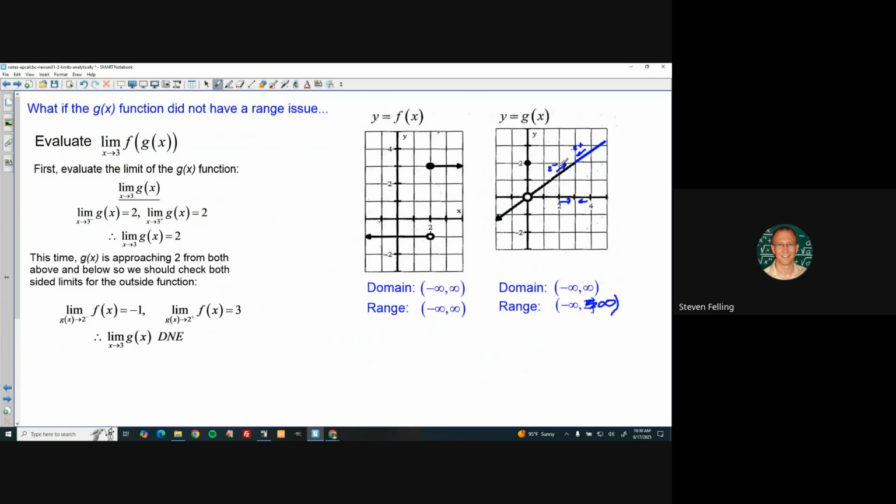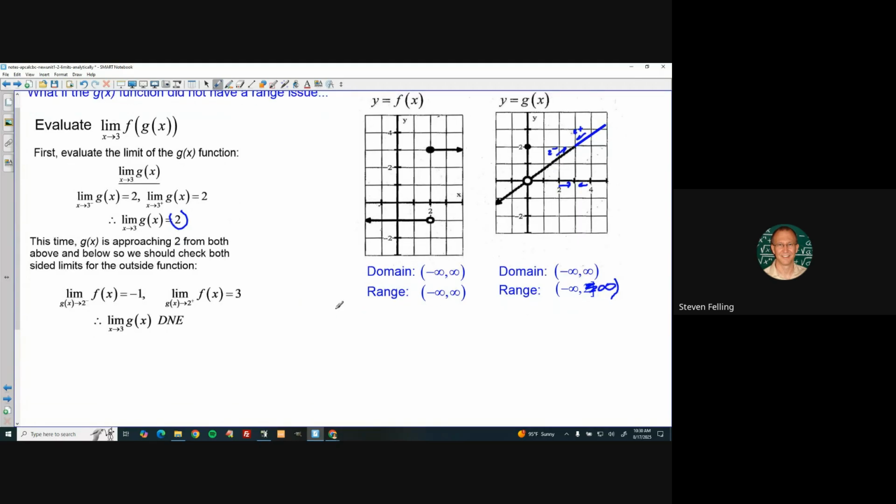But g of x is approaching the number 2 from both the left and the right, and we don't really have a notation for that. But what that means is that maybe we should do the entire limit from the left and the right. So we come up with a notation for that as best we can.